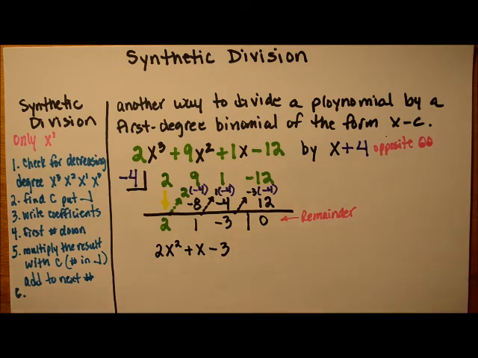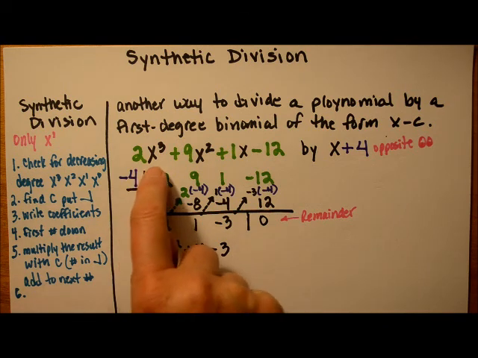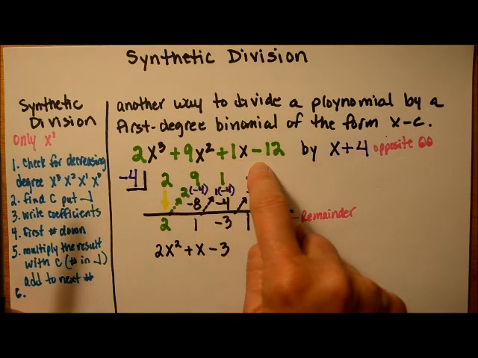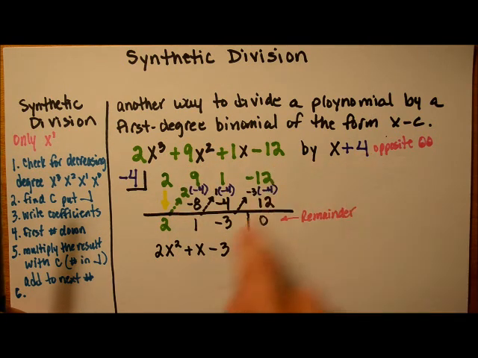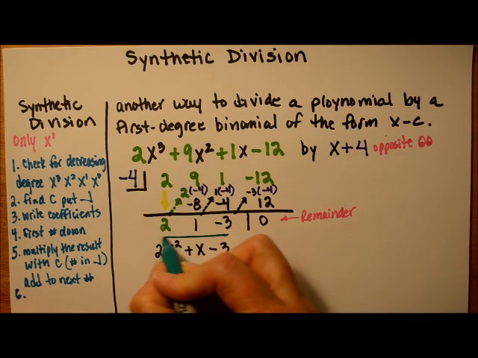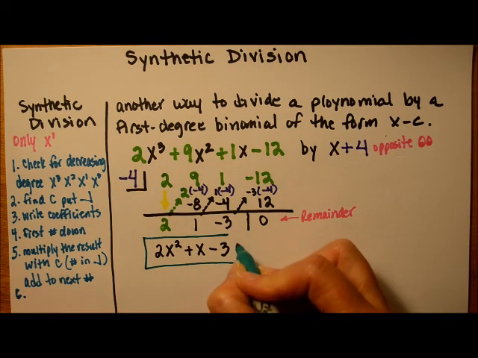And guess what, that is your answer. That is 2x cubed plus 9x squared plus x minus 12 divided by x plus 4. There it is. This right here is your answer.